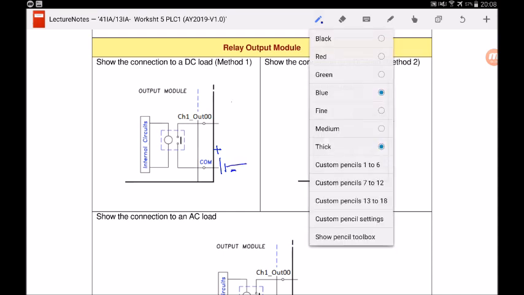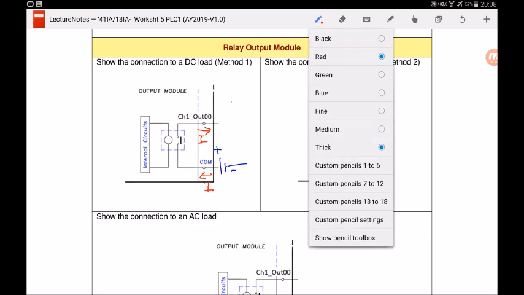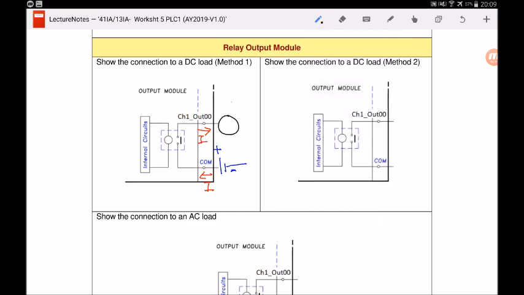I'll draw the direction of the current. And again, I draw the light bulb, a 24 volt light bulb, with a DC power source, and I connect up the light bulb together with the power source.